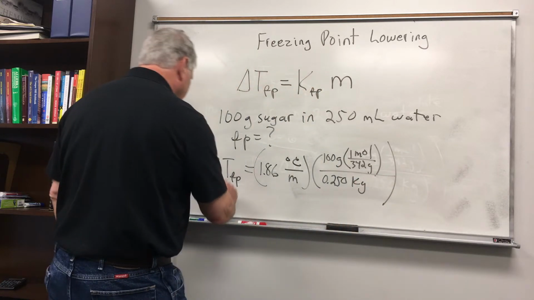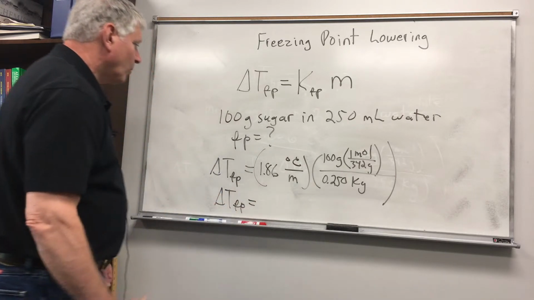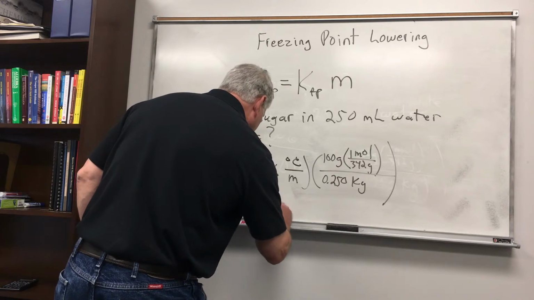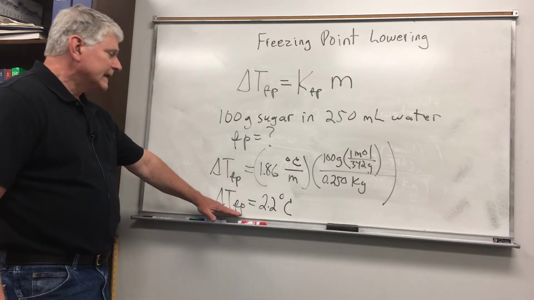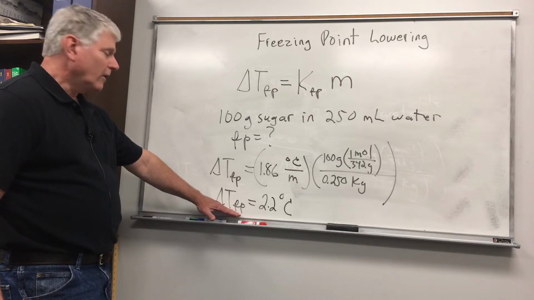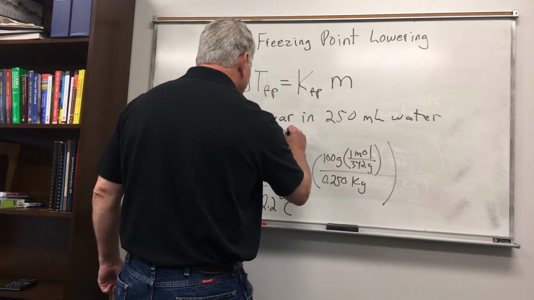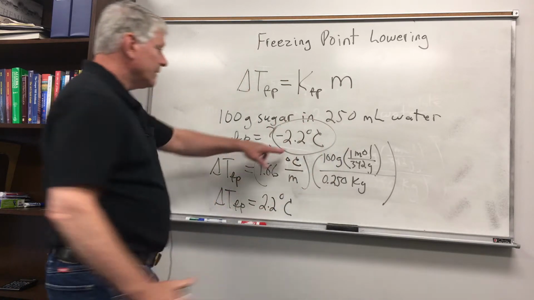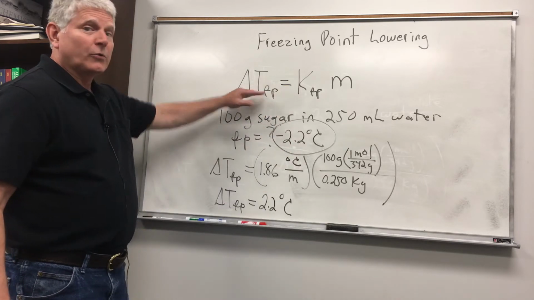This gives a freezing point depression of 2.2 degrees centigrade. Remember, this delta T is the lowering of the freezing point. So my freezing point will be negative 2.2 degrees centigrade because this delta T is a freezing point lowering.